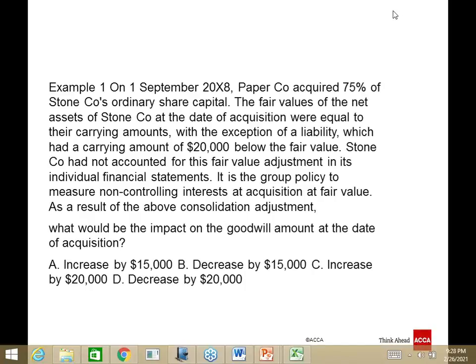So there's a question for you guys. Please attempt this part. This is one of the toughest questions according to the examiner's report.